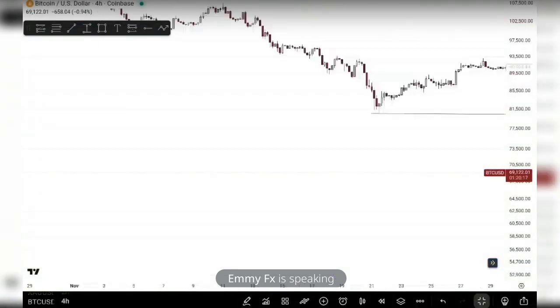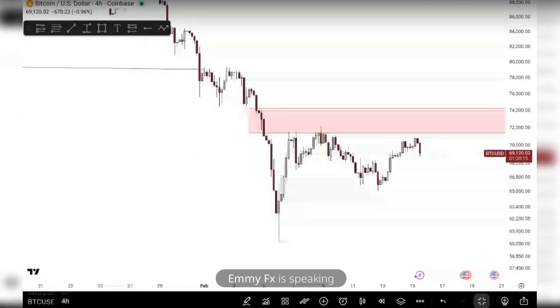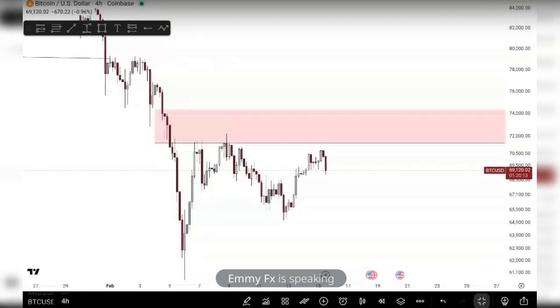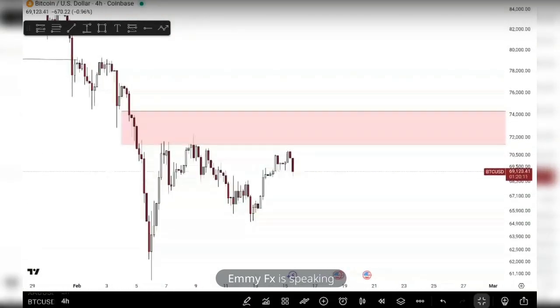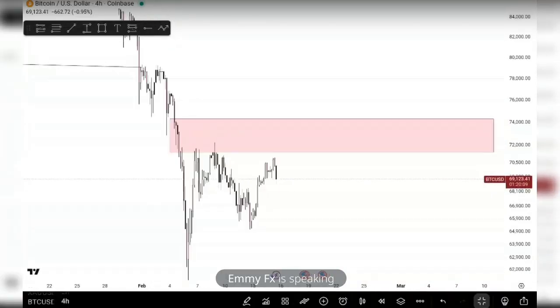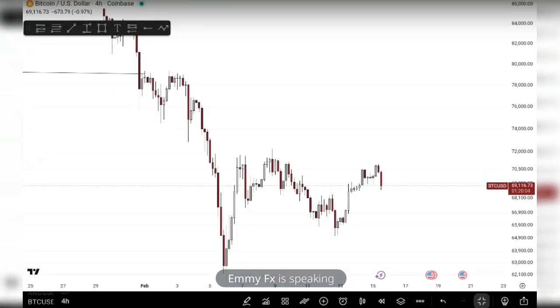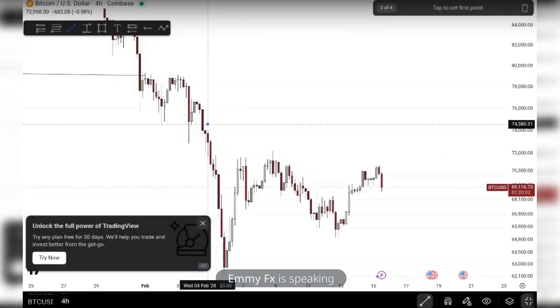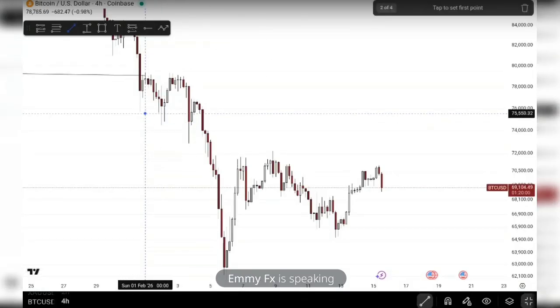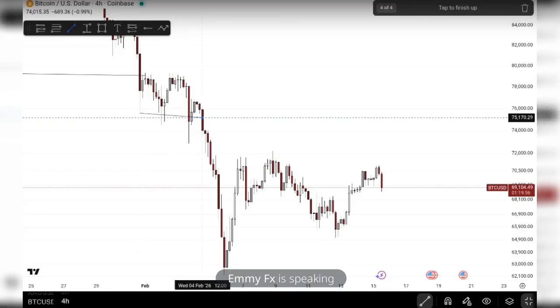All right, so as I say, price is reacting from this zone. But actually, if we could see something very nice, we have this major break of structure to the downside from here. We also have another break of structure to the downside.